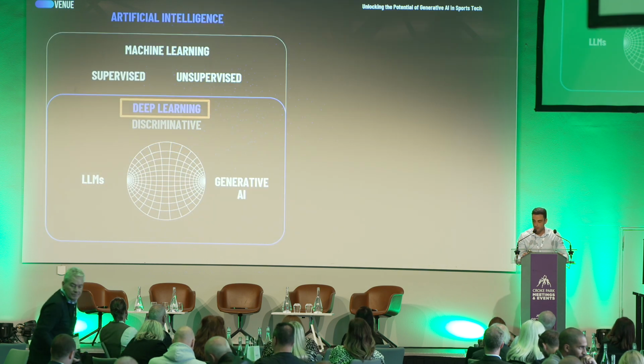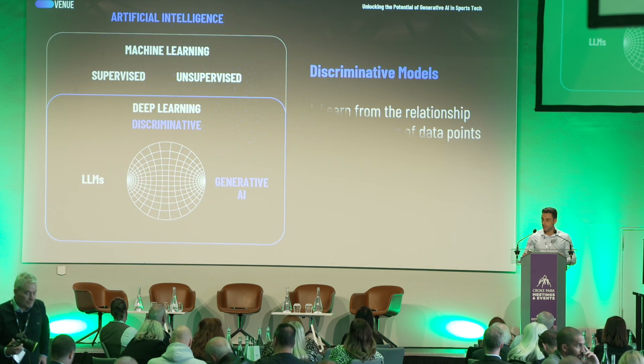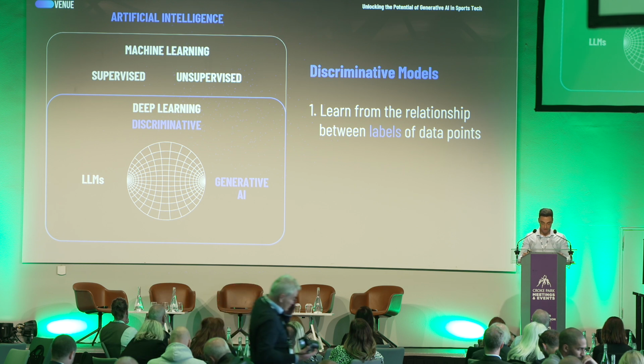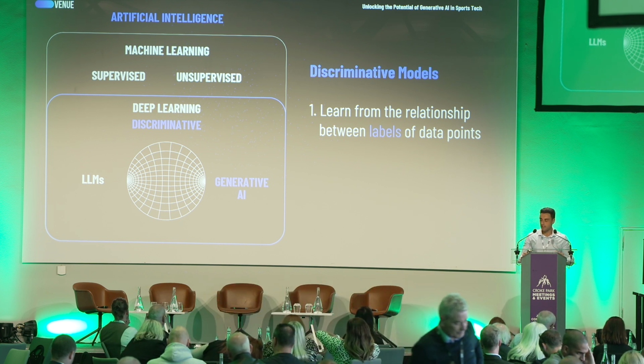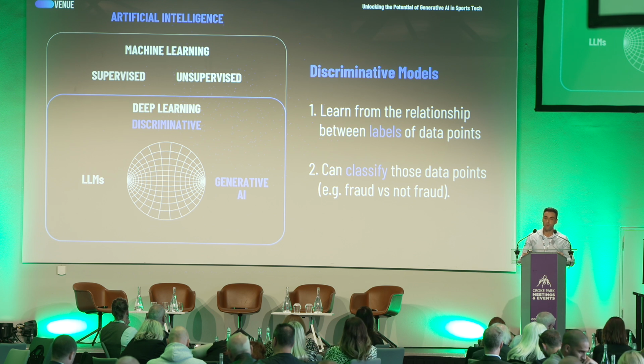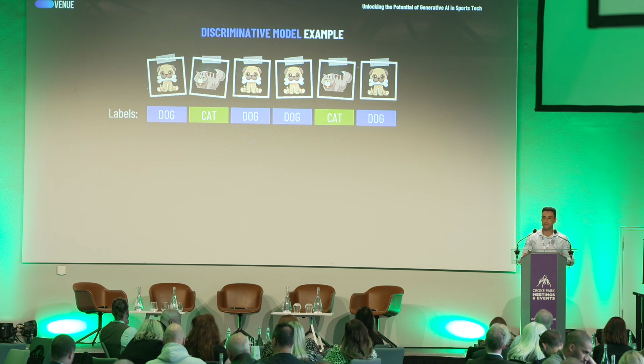So continuing with the discriminative models, as you have seen, we've been talking all the time about data, labels, and data points, and how do we classify them. And I'm going to show you what the artificial intelligence is doing in here. So let's put a very simple example, cats and dogs.